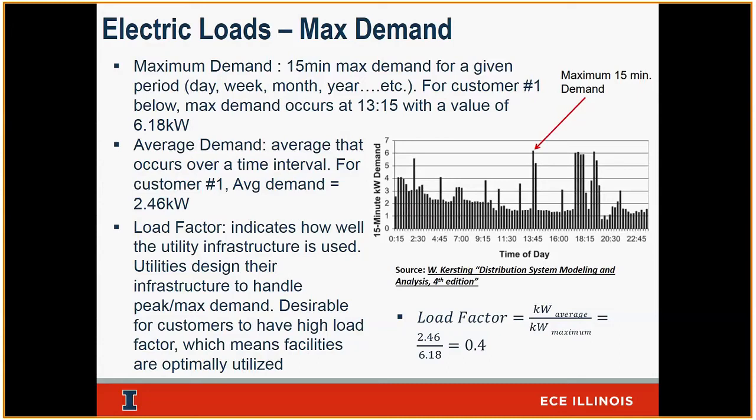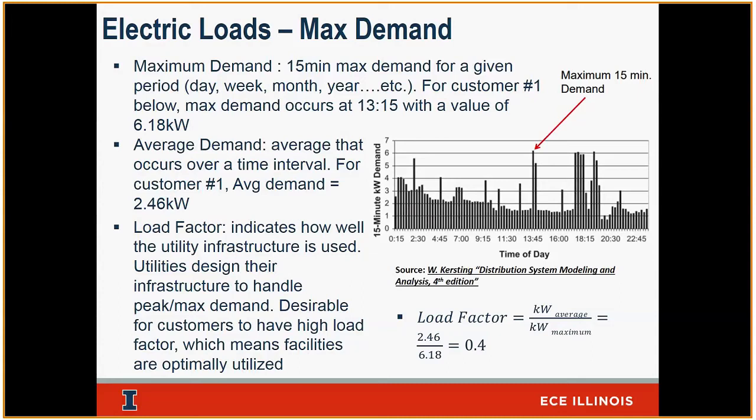The load factor here is 0.4 for this customer. So on average, I use 2.46 kW, but I peak at 6.18. What that tells me is that the infrastructure I have here has the capability to provide 6.18 kW, but I'm not using the maximum capability of my facility.